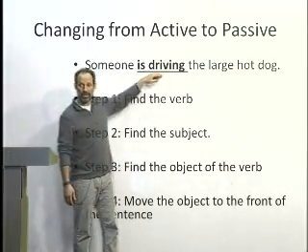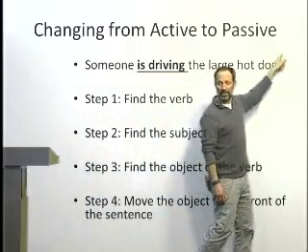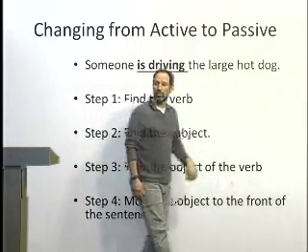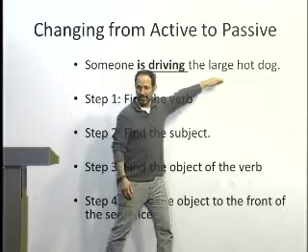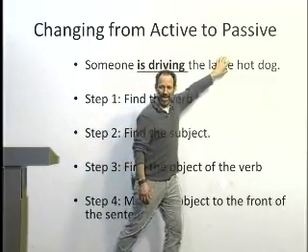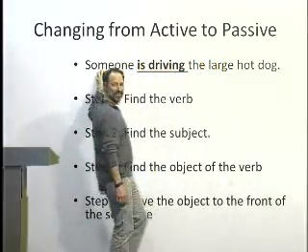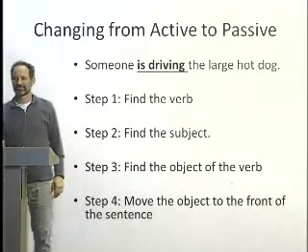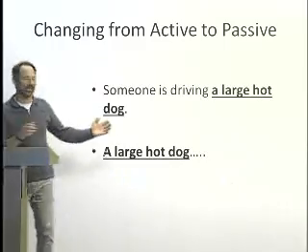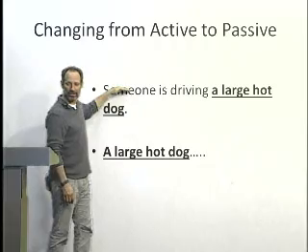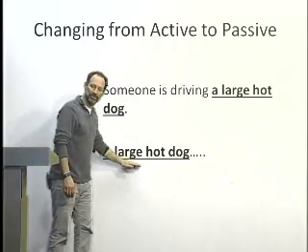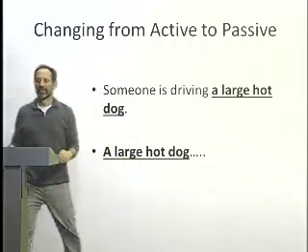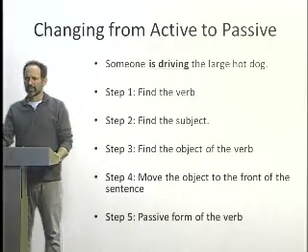Someone is driving what? The large hot dog. So once I know that this is the object, I'm going to move that to the front of the sentence. There we go. I've moved it to the front of the sentence. Now we're ready for the next step.